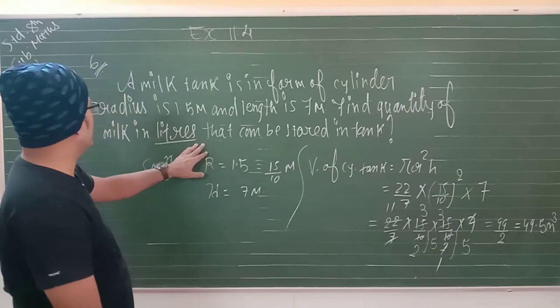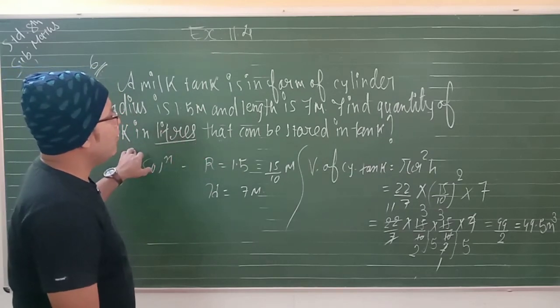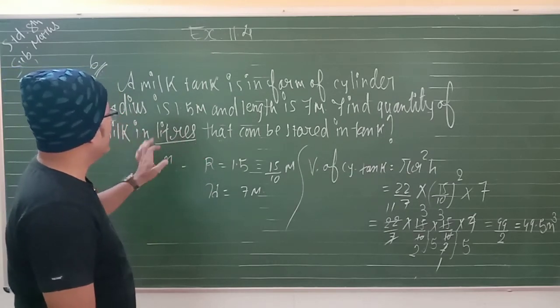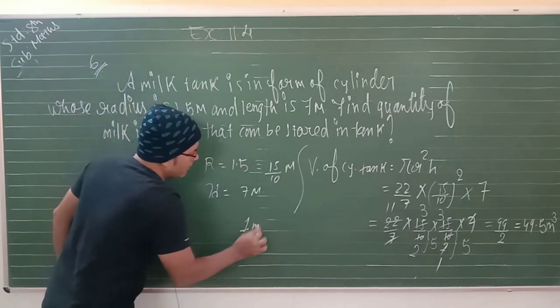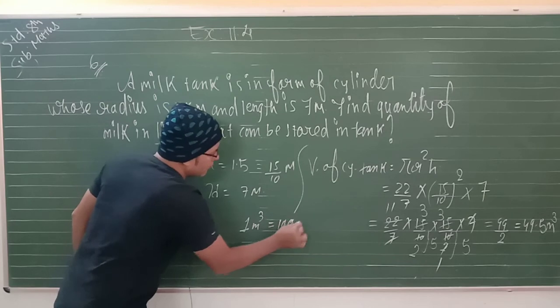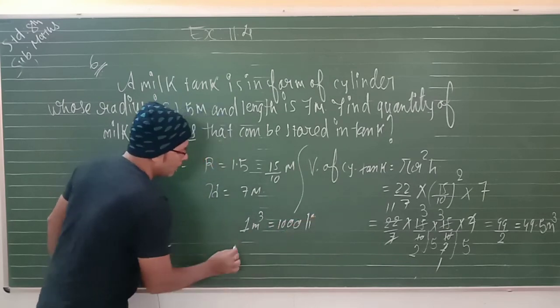Now we have to say how much milk in liters. So use the scale. So 1 meter cube is equal to 1000 liters.